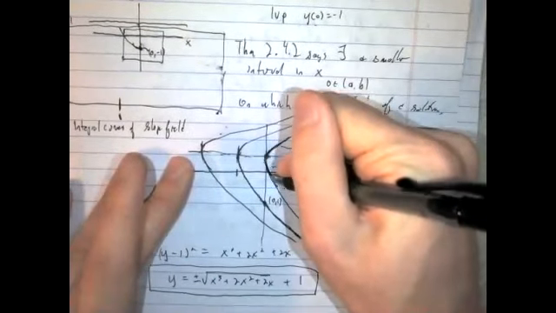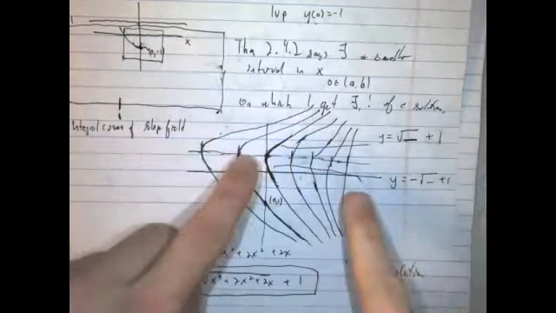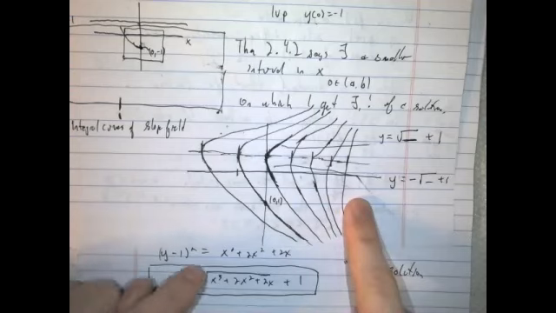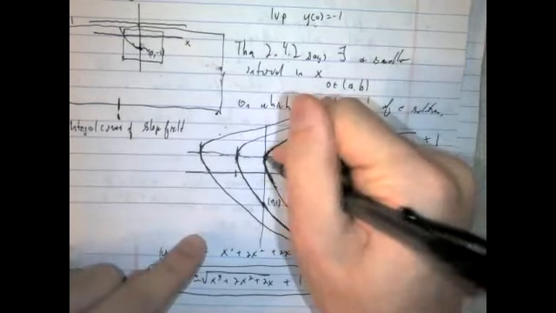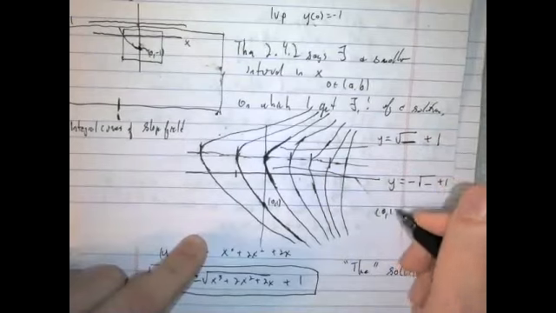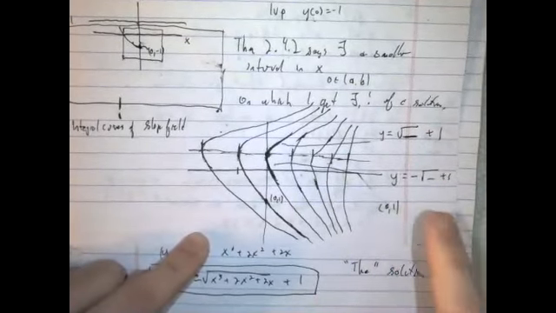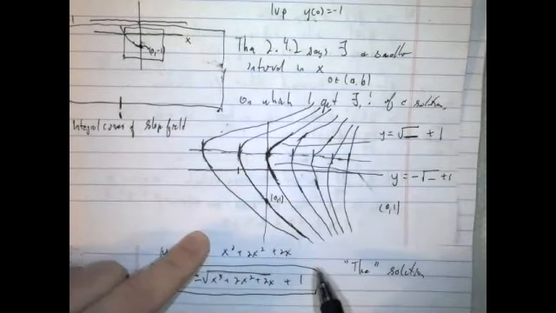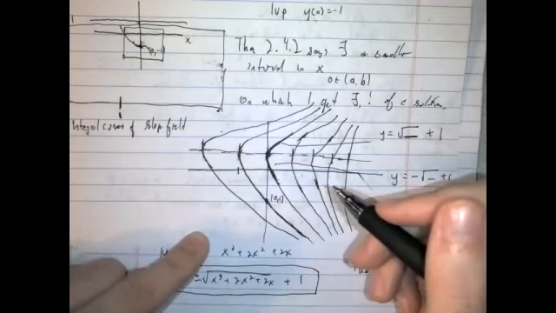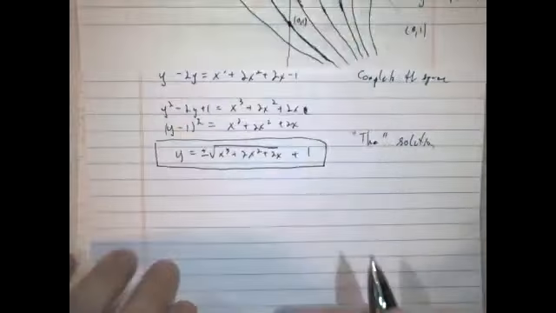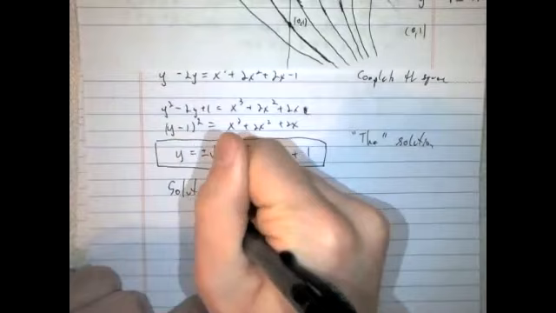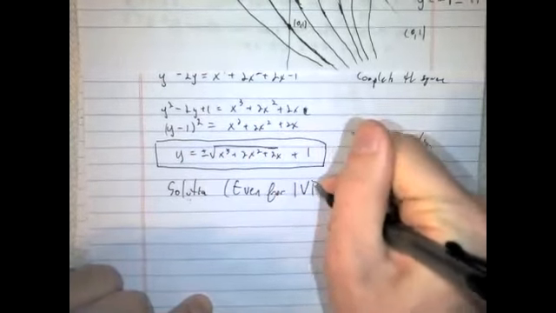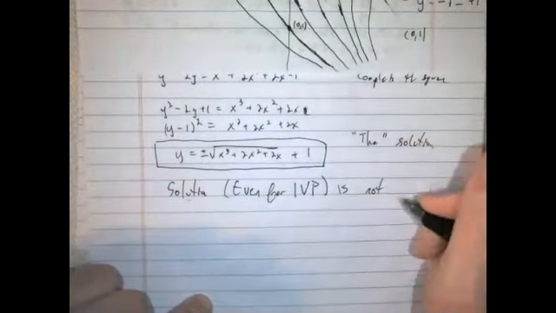And notice these are two solutions. Both solve the differential equation, and they have the same value at 0, 1. In other words, I have two solutions to this IVP. One is the positive branch of this square root, one is the negative branch. So the solution, even to the IVP, is not unique.